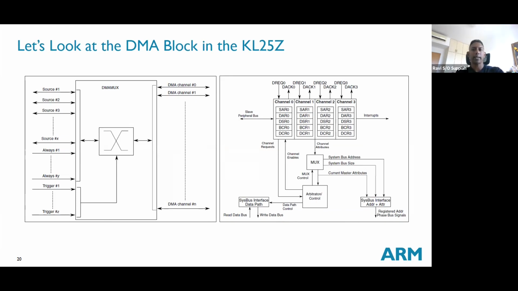But the whole idea is that as long as you understand that if you have a DMA block, it is something you can use to your advantage when you need very fast data transfer. The Arduino Uno doesn't have it, but the KL25Z has it. The higher-end Arduino range of controllers have it.